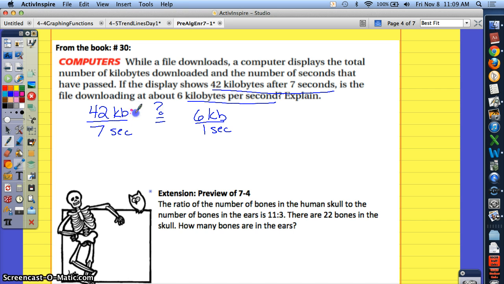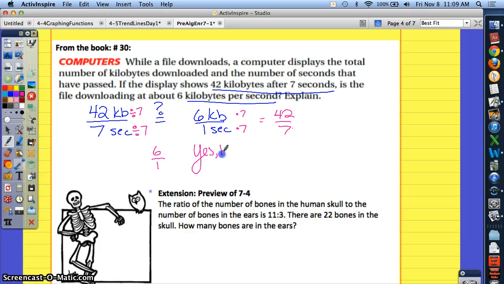Yes, because when you divide, I divided, you don't have to divide, but I divided and I got this to be equal to 6/1. So that is at a rate of 6/1. Or you could multiply this by 7 and get it to be 42/7, which is what you had here. So these are equal. Is the file downloading at 6 kilobytes per second?